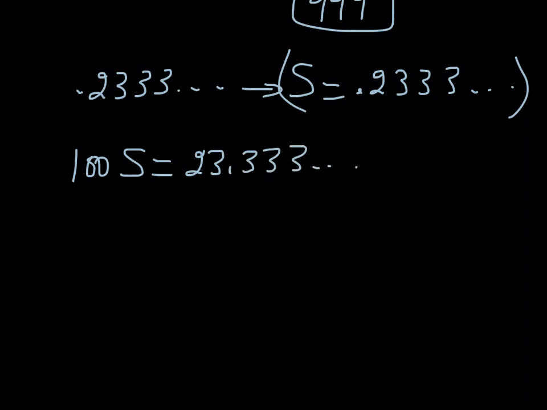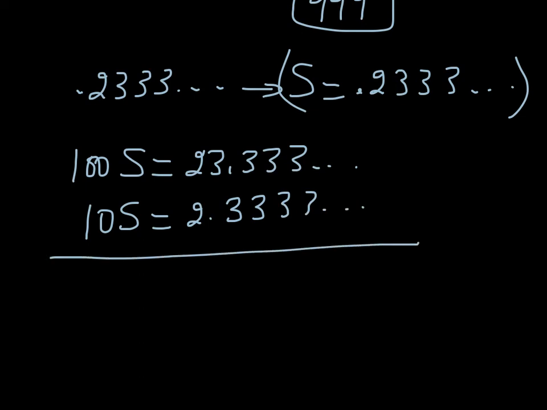However, if you multiply both sides by 10, you will get 10s is equal to 2.333 repeating. What I want you to do now that we multiplied twice, we multiplied by 100 to get the 23 out of the decimal, and then we multiplied by 10 to get the 2 non-repeating digit in front of the decimal. I want you to subtract them.